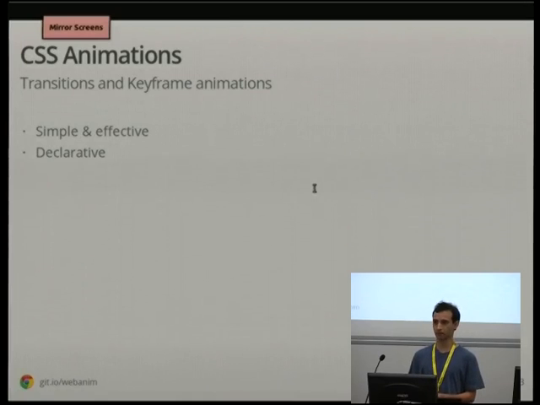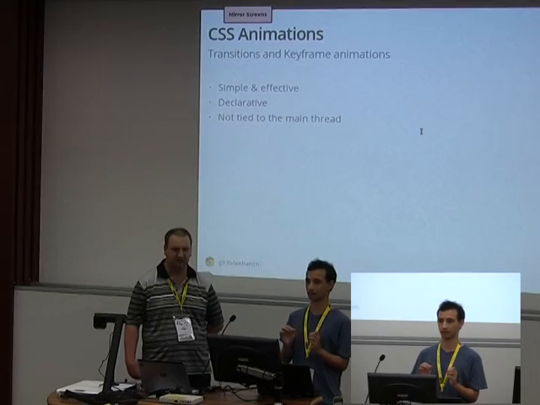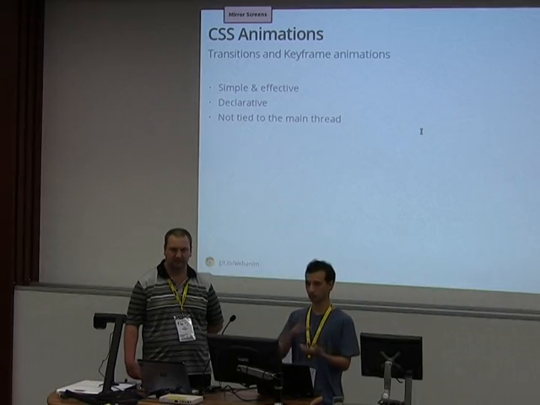It's also declarative, so you just declare, hey, I want to animate this property, and everything's done for you. You don't need to procedurally generate each frame or anything like that. And it's also not tied to the main thread, which means that these animations don't necessarily use up CPU time that would otherwise be used for UI purposes.